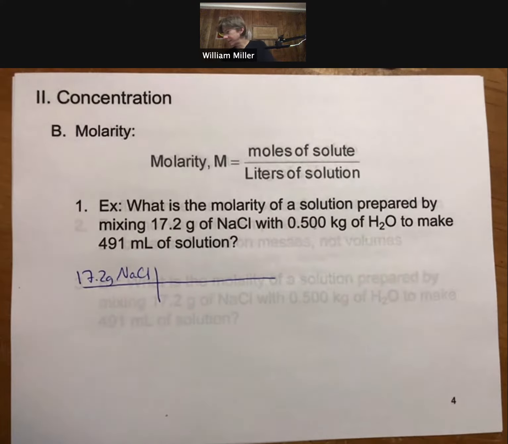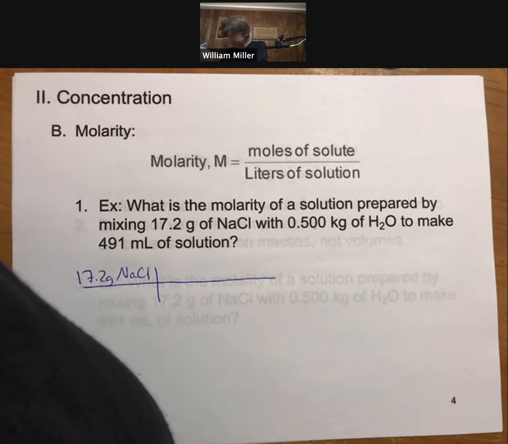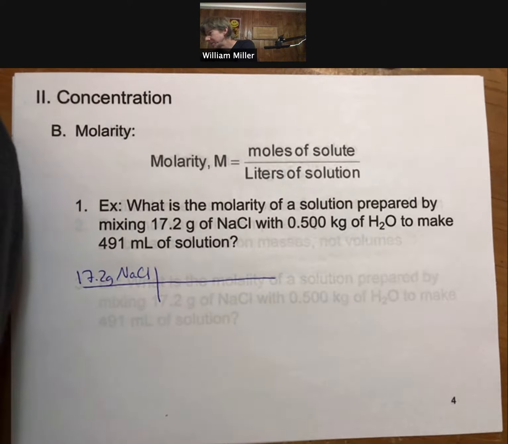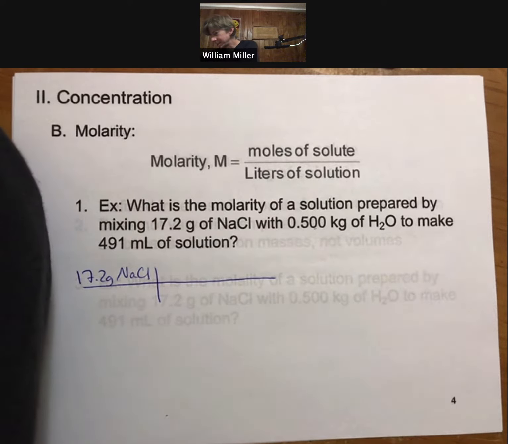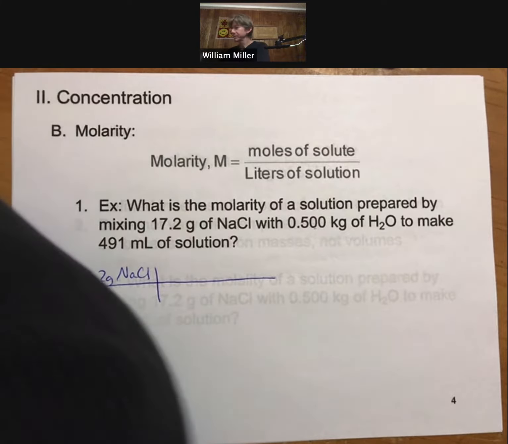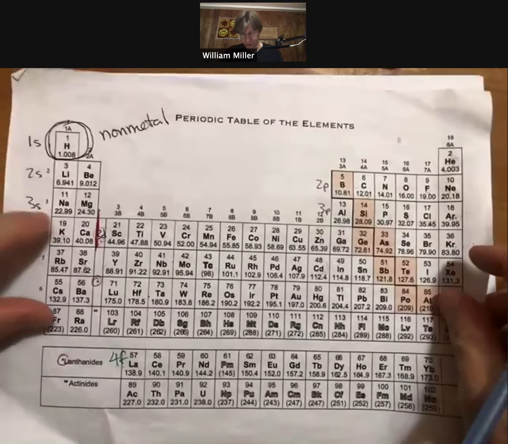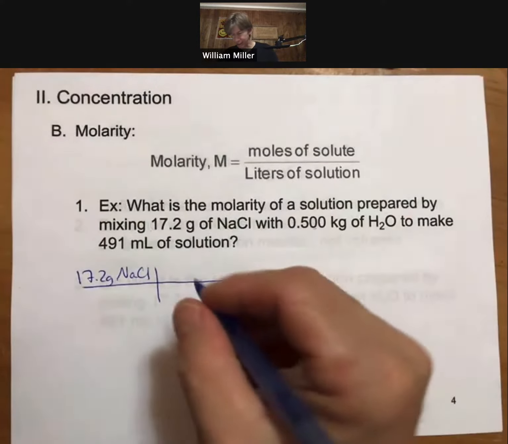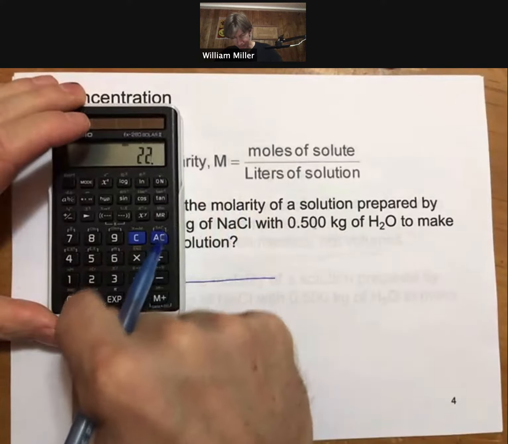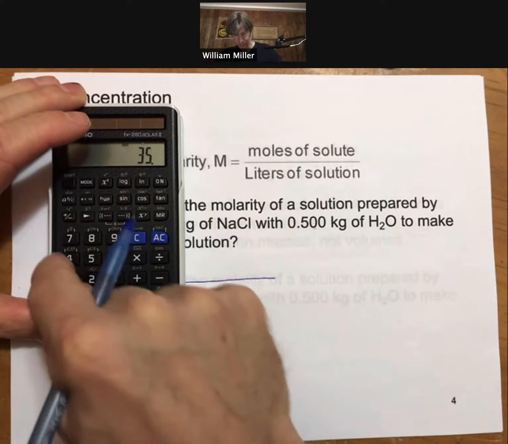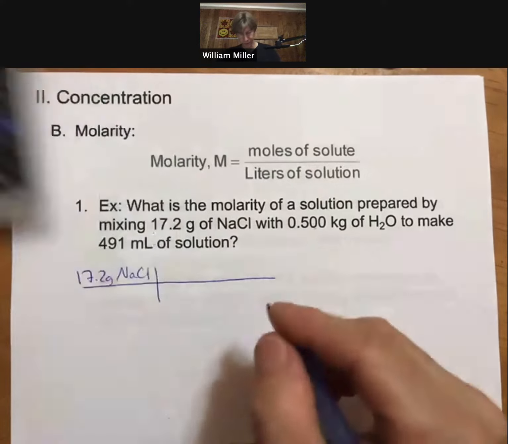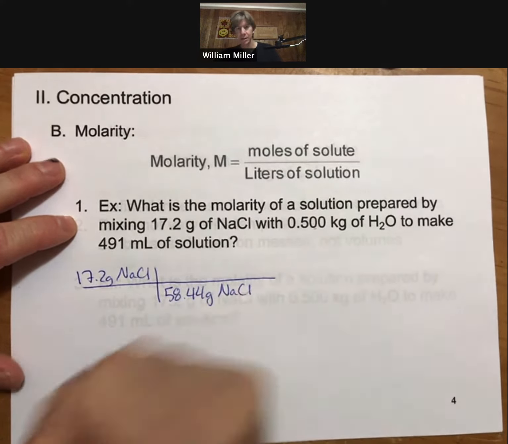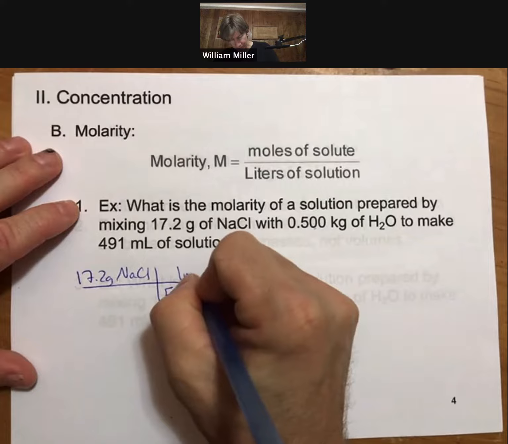Got my calculator right here from my periodic table. 22.99 for sodium, 35.45 for chloride, $58.44 grams of sodium chloride per 1 mole.